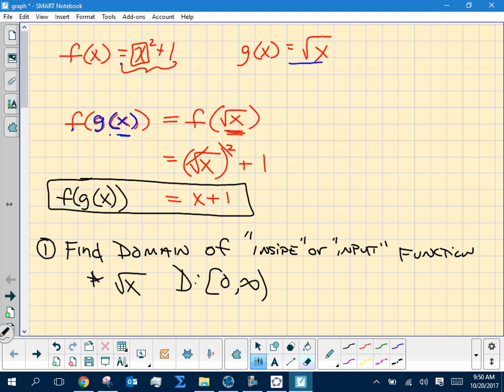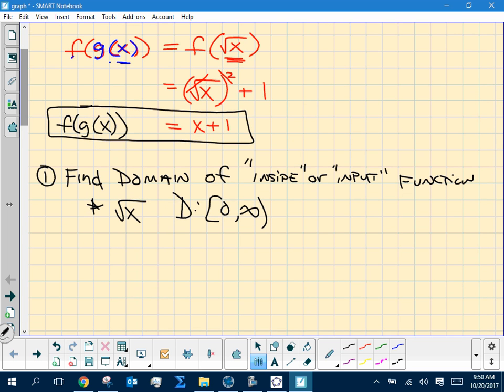So my domain is at most that. Does that kind of make sense? When I say at most, that's as big as the domain could be for this composite function. We could potentially start kicking extra values out from that interval.